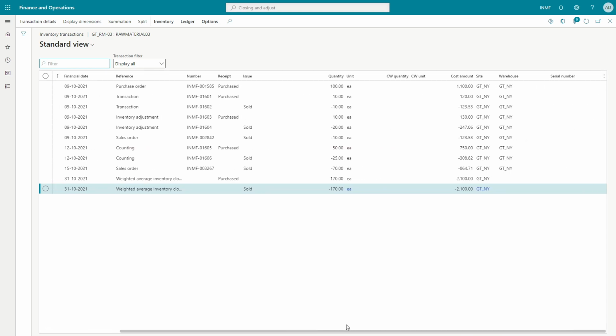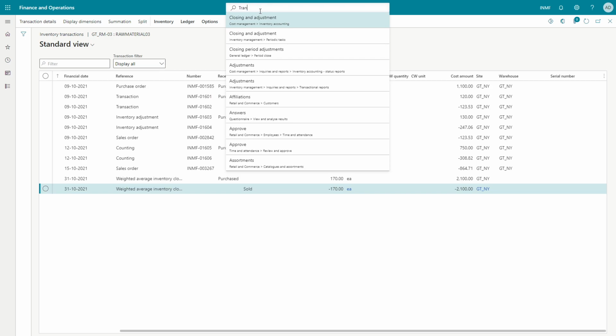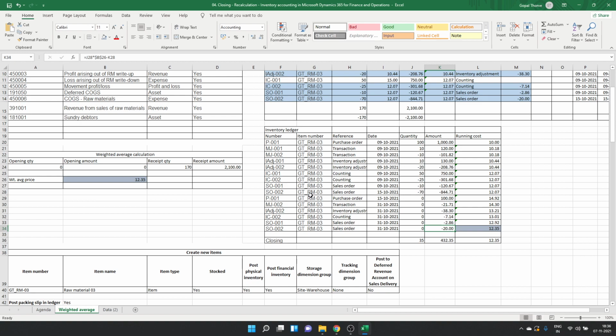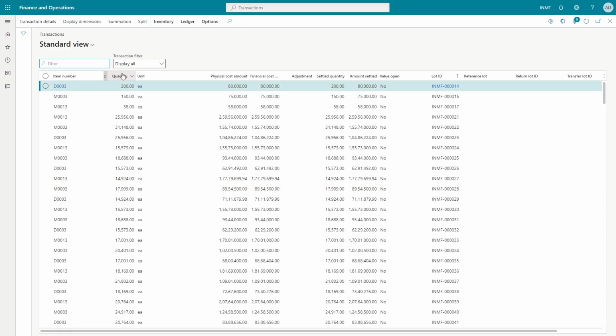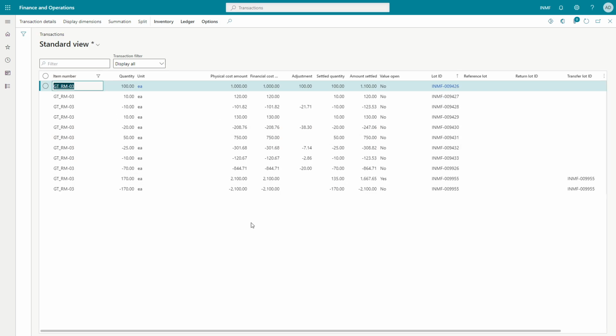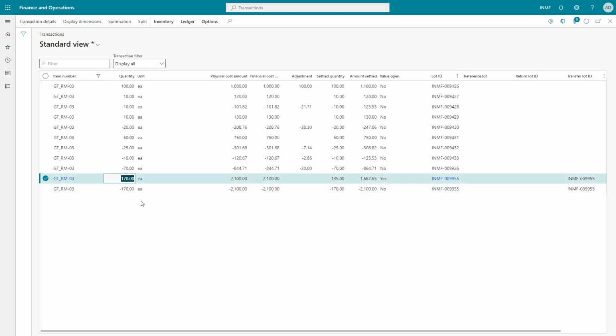Or let me go to the specific transaction form and filter the transactions for this particular item. If you see, I have two more transactions.